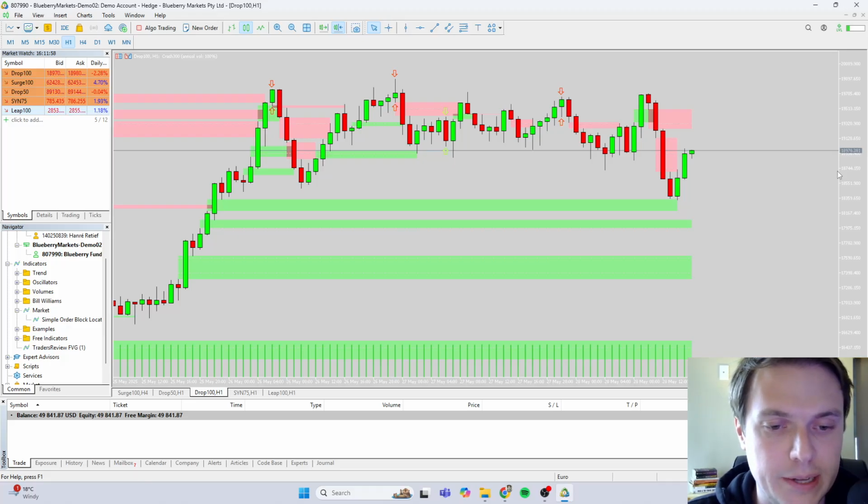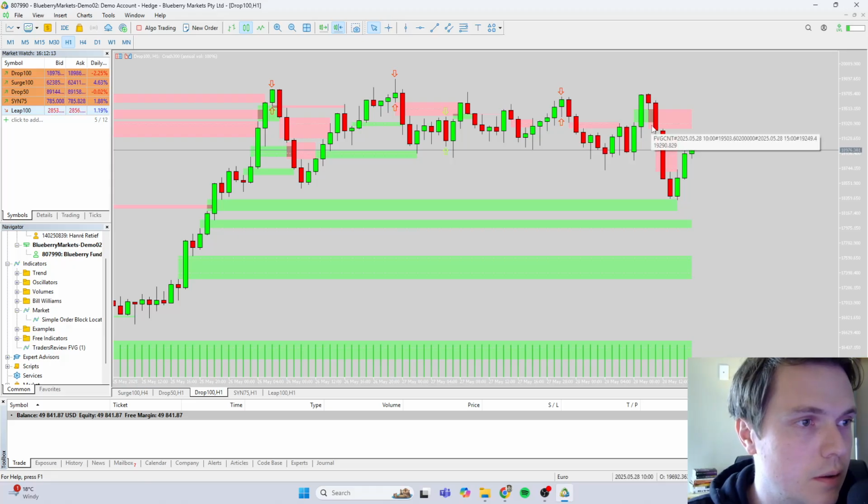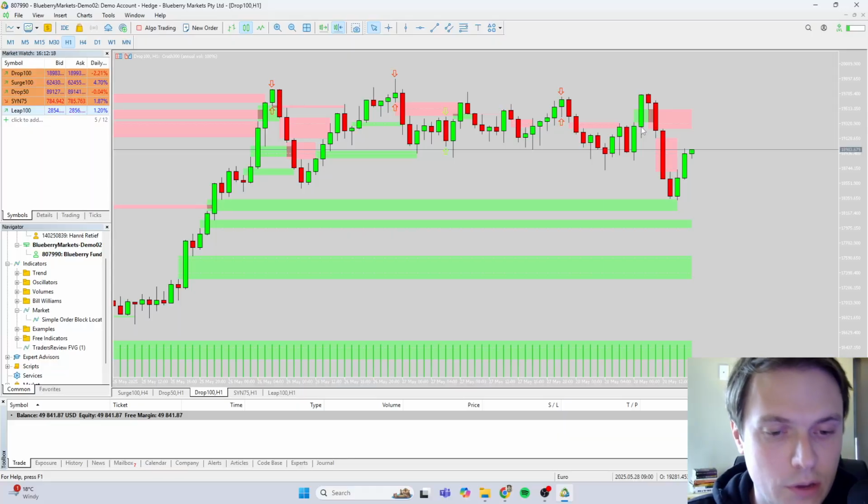We are going to place a sell limit on here. Sell limit. The price needs to be the bottom of that order block, 19320.